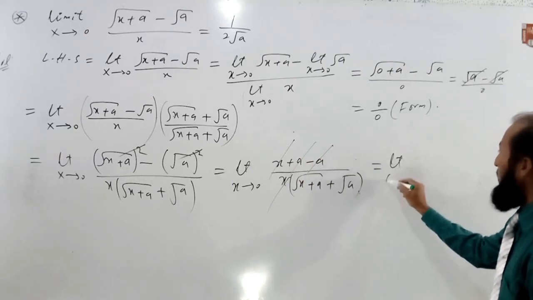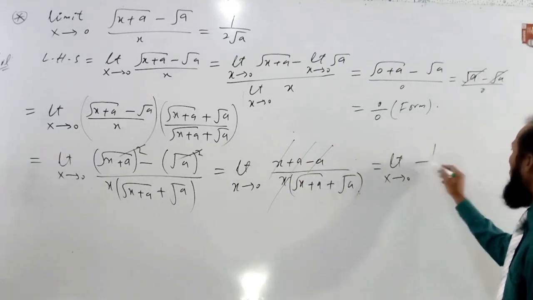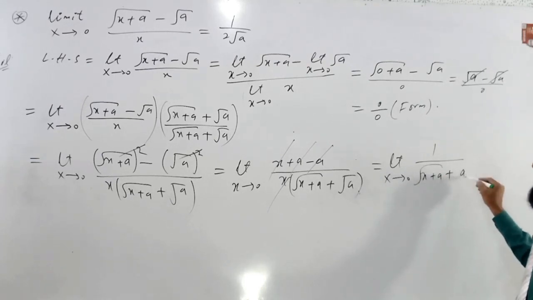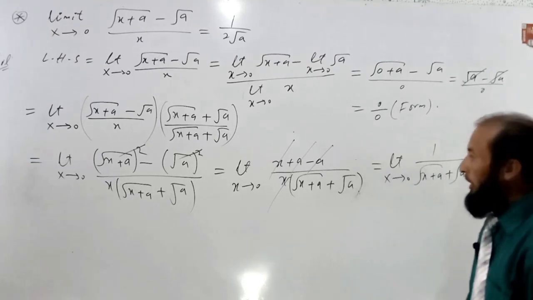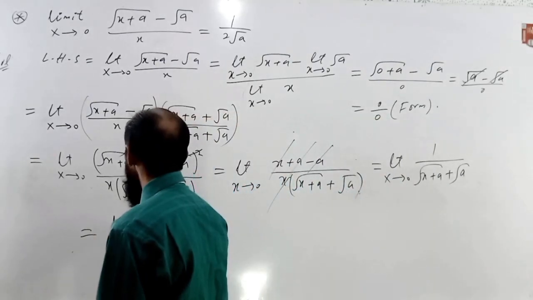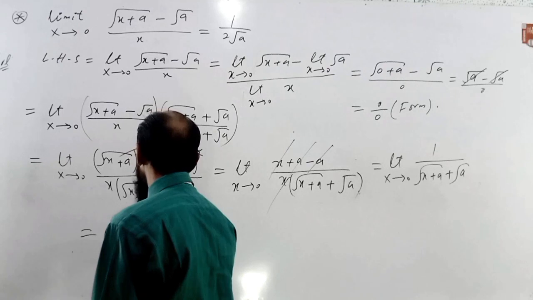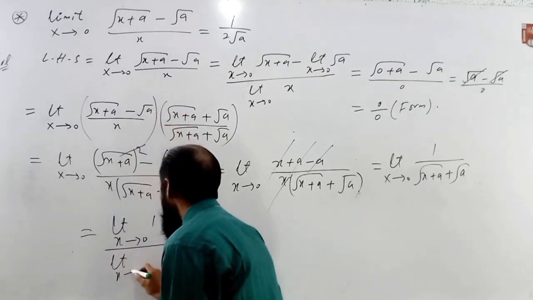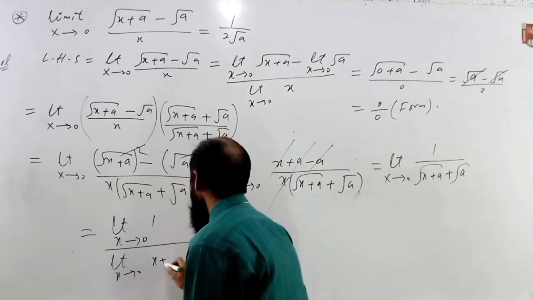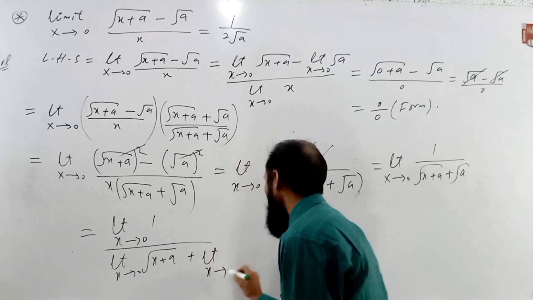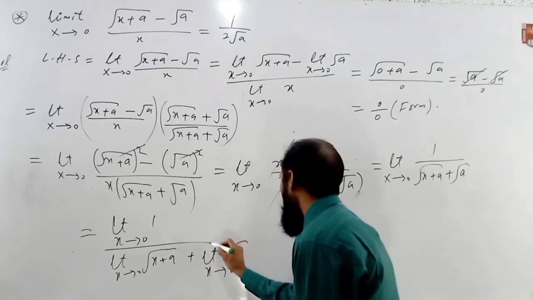So limit x tends to 0, we get 1 divided by square root of x plus a plus square root of a. Now we apply the limit on the numerator and the denominator: limit x tends to 0 of 1 divided by limit x tends to 0 of square root of x plus a plus limit x tends to 0 of square root of a.